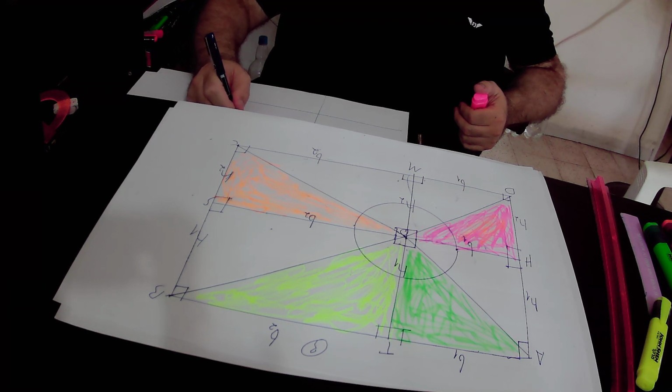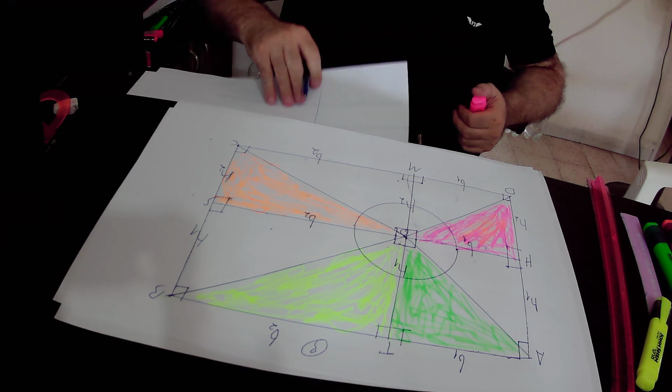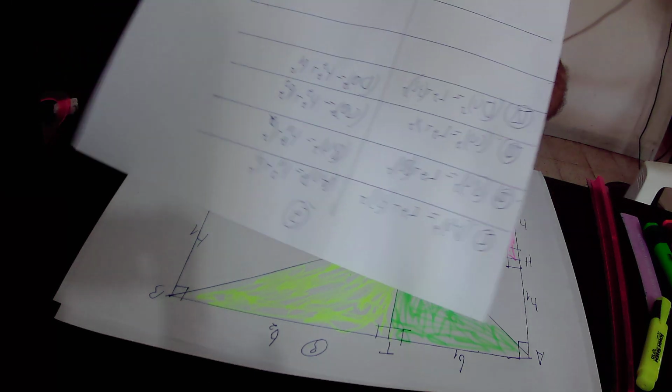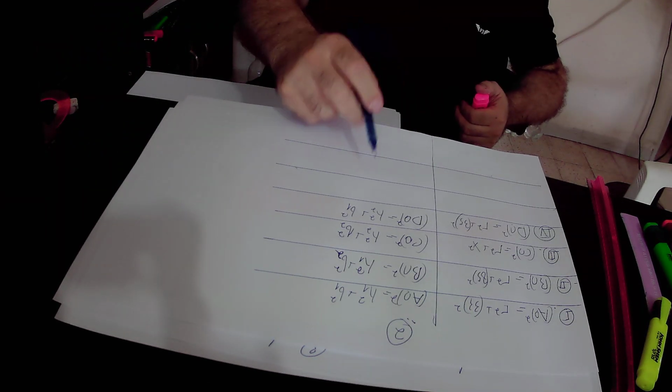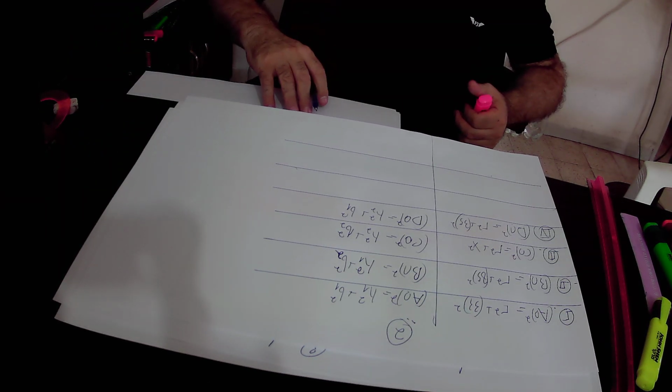Repeat again, in the right triangle DHO, DO square equals edge 2 square plus B1 square.